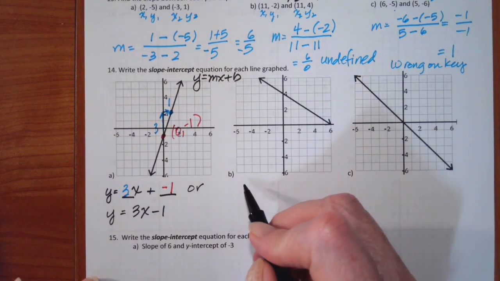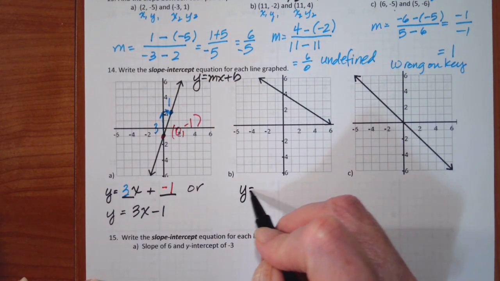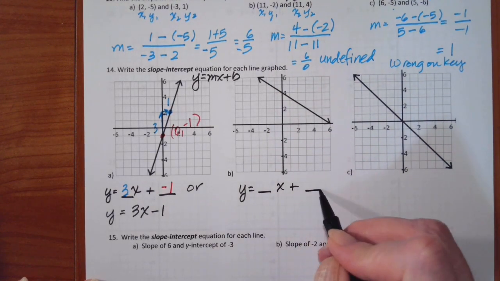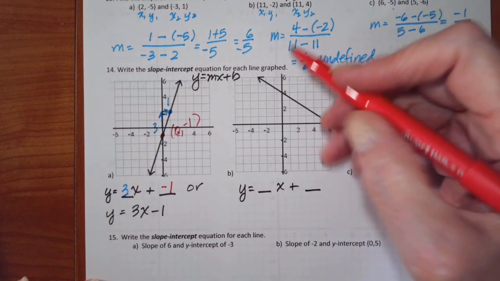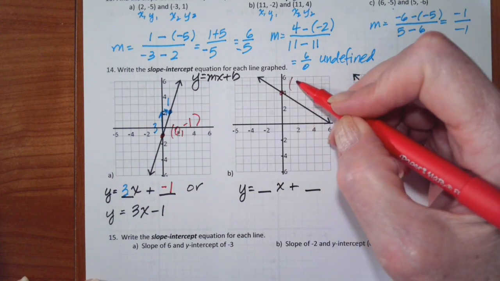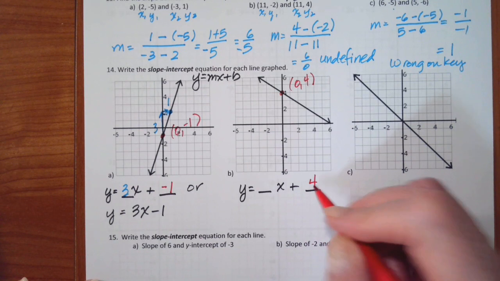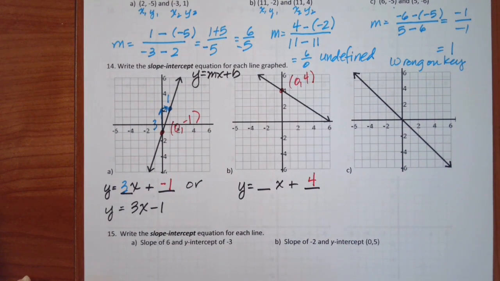Okay. Once again, for b, I need a slope and I need a y-intercept. Well, this is the point 0, 4, which means my y-intercept is 4. Let's find another point.